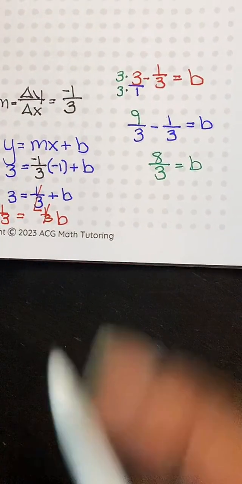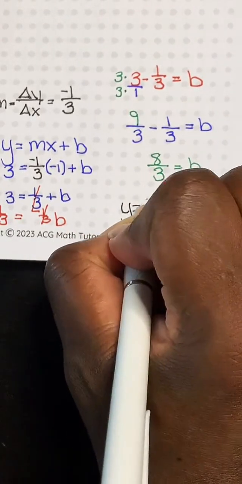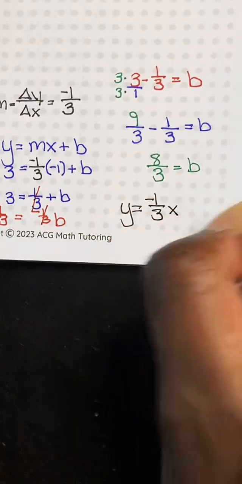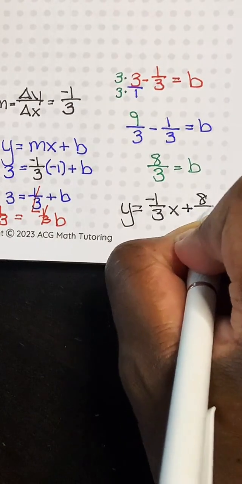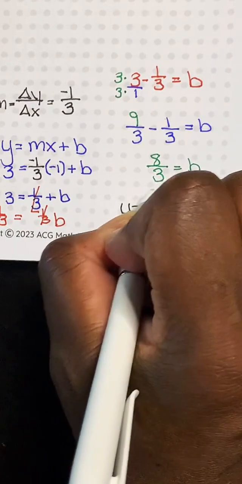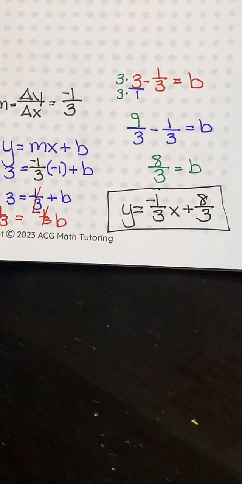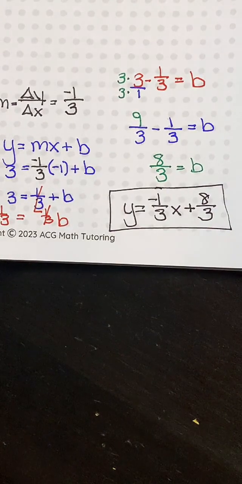So our equation is y equals, we found our slope, which was negative 1/3 x, and we found our y-intercept, which is a positive 8/3. And then you can leave it just like that.